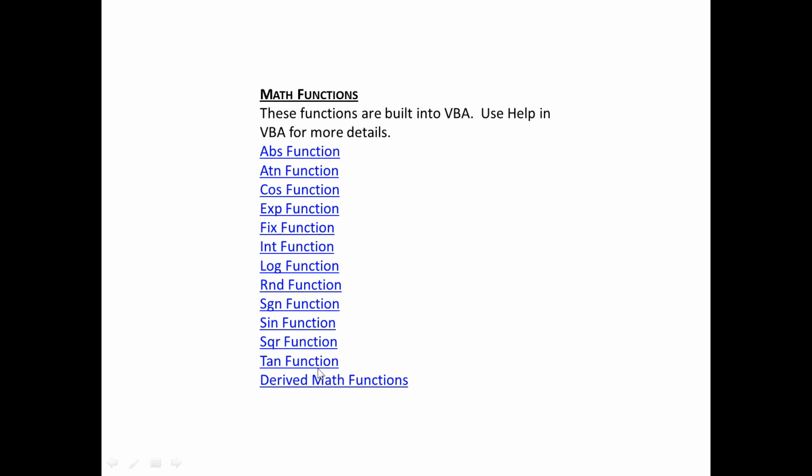And then in addition to that, there are some other ones like the hyperbolic cosine that are built in, and those are described in the math function. If you go to VBA help, you can find more information on all of these functions. If you search for math function, for example, all of these will come up. So you should take a look and look at the details.